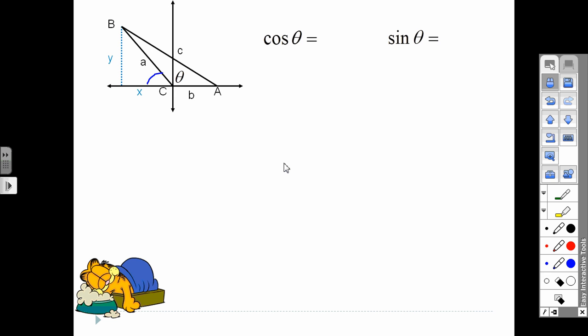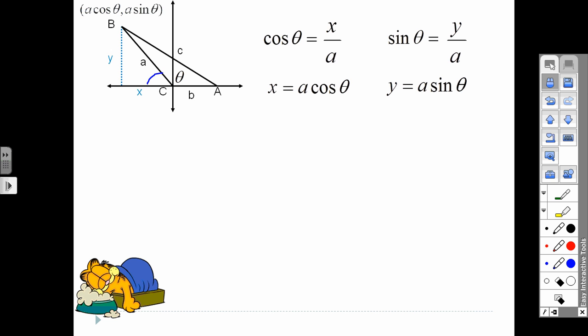So the cosine of theta is going to be x over a, and the sine of theta is going to be y over a. And if I solve these for x and y, I get x equals a times the cosine of theta, and y equals a times the sine of theta. And so that means that the coordinates for point B up here are a cosine theta and a sine theta.